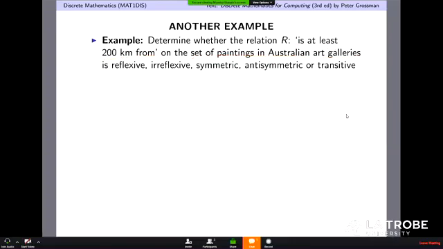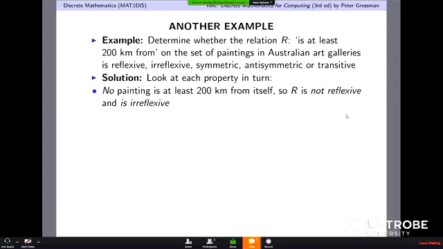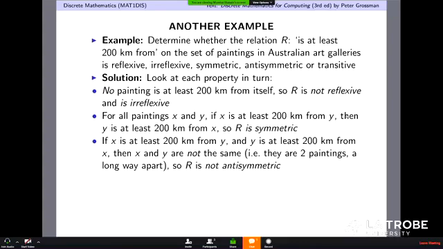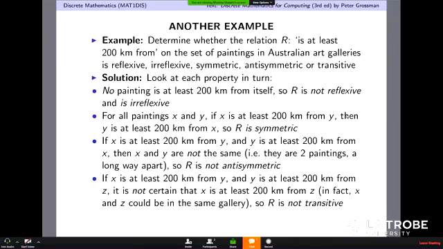So we have irreflexive, and then we have symmetric, and then we had antisymmetric. Not antisymmetric, sorry. Two different paintings, yes. And not transitive as well. So only two properties were satisfied: irreflexive and symmetric.